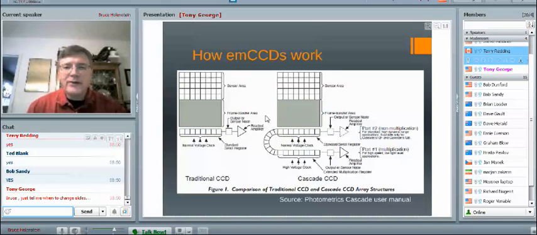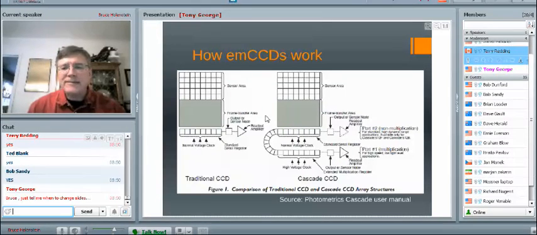So how EMCCDs work: first, on the left side of this picture is how a traditional CCD readout works. The pixels are clocked out to some registers which are processed serially out to a readout amplifier.